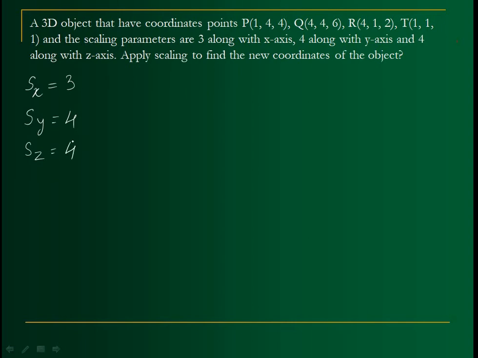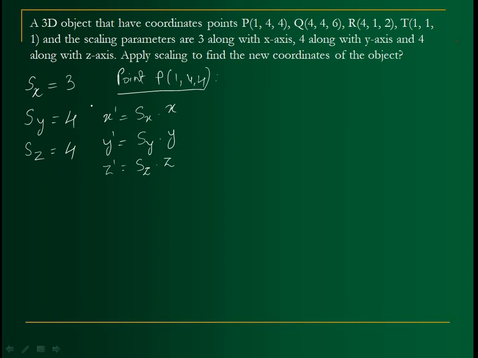Now let us consider point P. We already have that the new x dash will be equal to sx into the old x, y dash will be equal to sy into the old y, and z dash will be equal to sz into the old z.